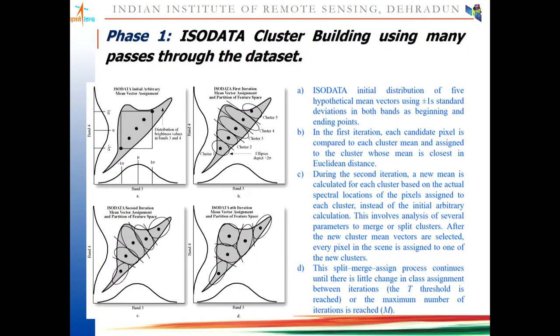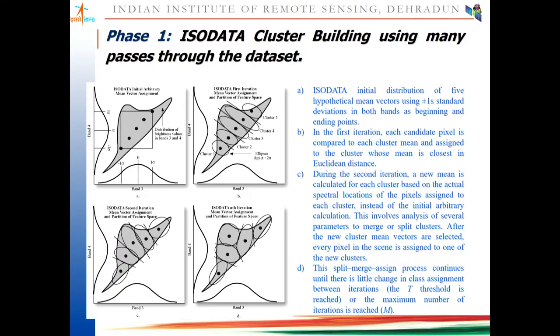So in phase 1, the ISODATA cluster building uses many passes through the data set. As you can see in the plots here, the initial distribution of, say, 5 hypothetical mean vectors, using a standard deviation in both bands, with the beginning and end point, is used to start the initial distribution.